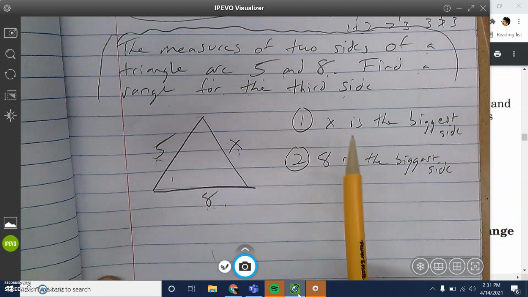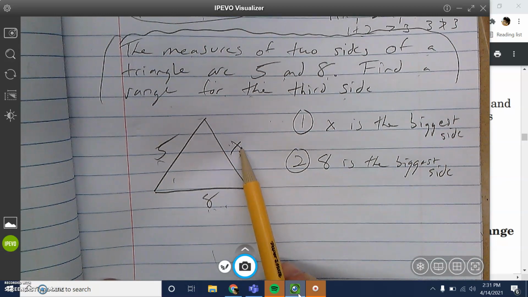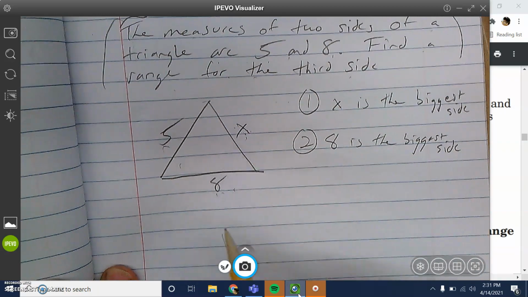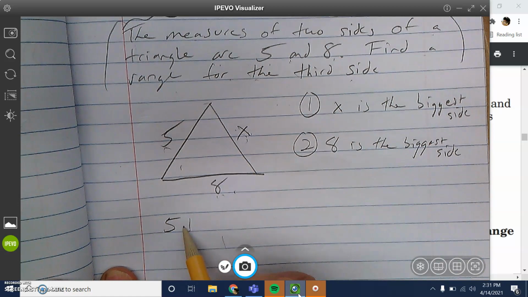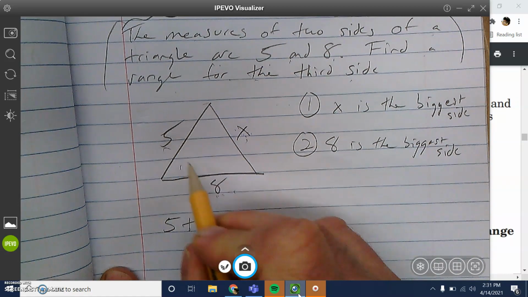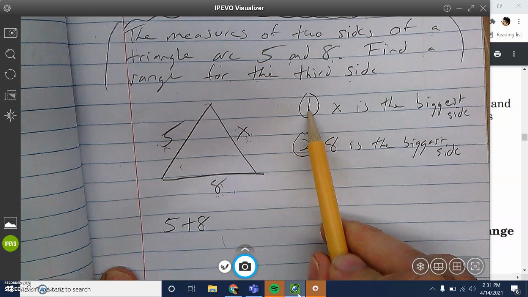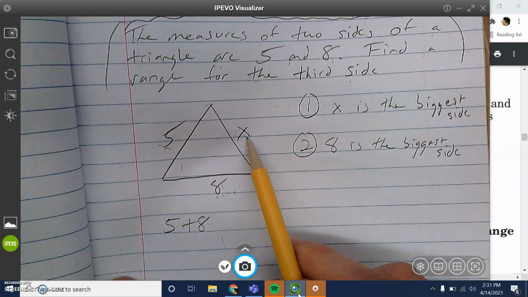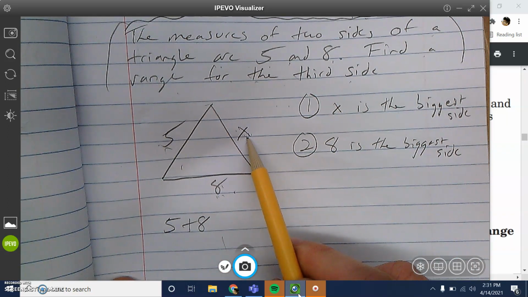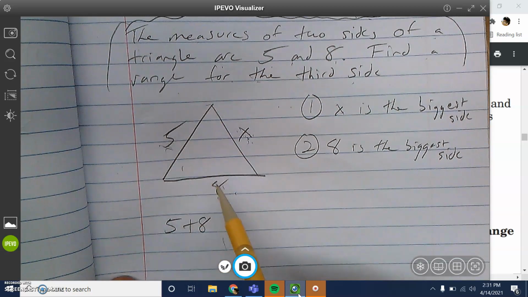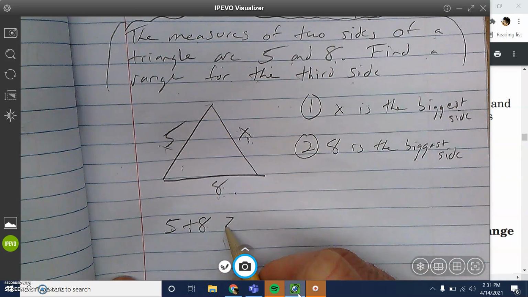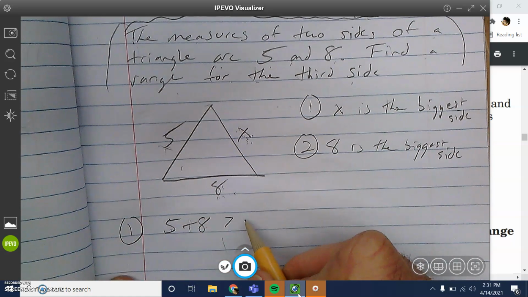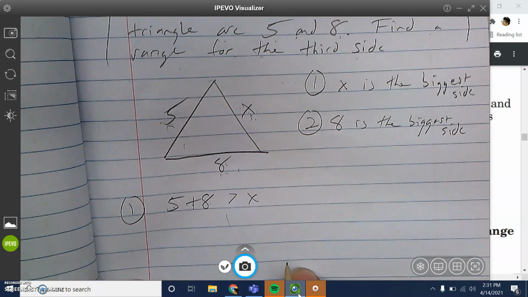So if x is the biggest side, that would mean that 5 plus 8, the two smaller sides, so I'm going off number 1 right now. So if this is the biggest side, let's say this is 10 or 11, whatever you want to say, that'd be 5 plus 8 has to be bigger than x. So that's the first thing.